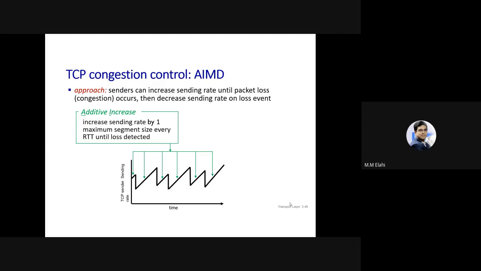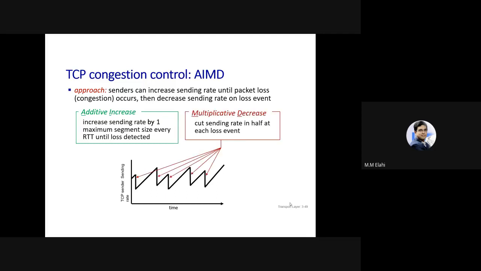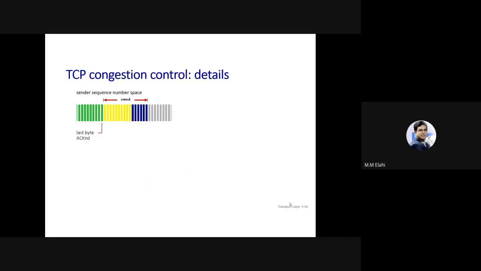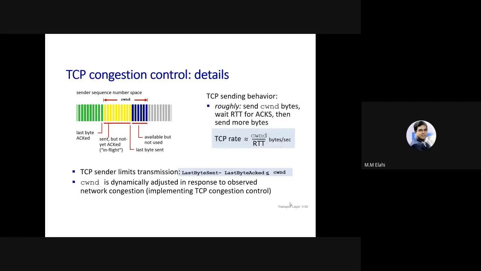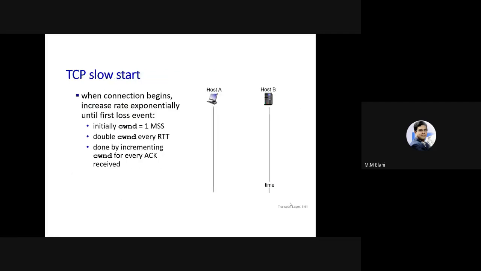But if we increase one segment at a time, it will take a larger time to reach that theoretical peak. So that is one problem with AIMD. Then there is a second one that is called slow start. Slow start solves that problem of taking a long delay to reach the peak.